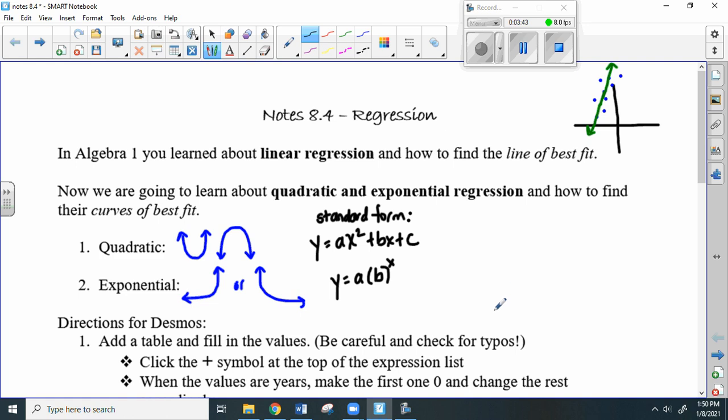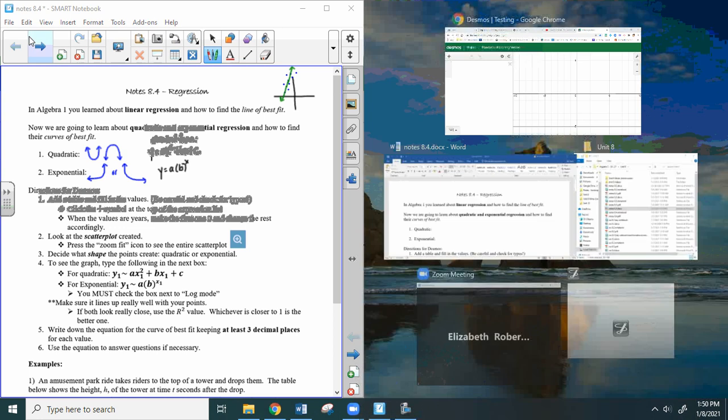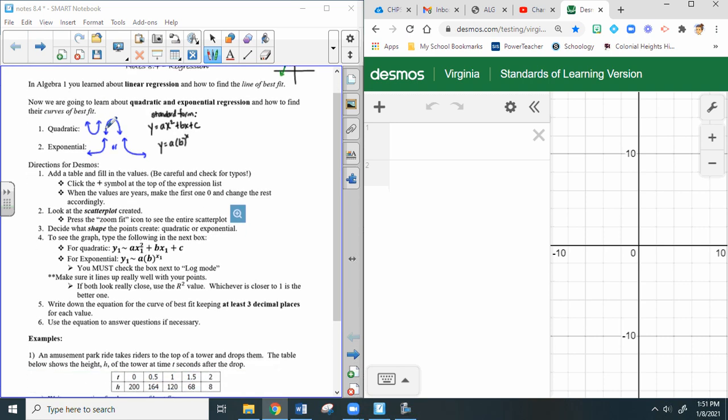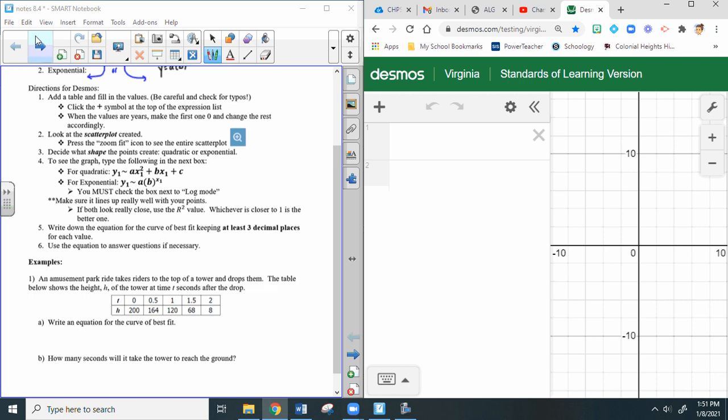The process of this is actually pretty easy because we're going to use Desmos to do it. It's just knowing the steps. So here's what I'm going to do. I am going to split my screen between Desmos and the notes here, and hopefully you can still see the notes, the directions for using Desmos.